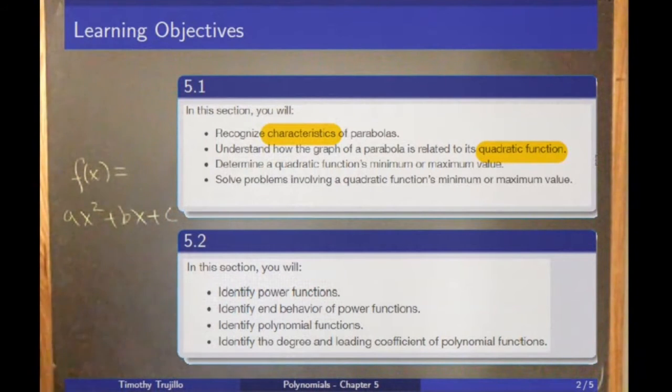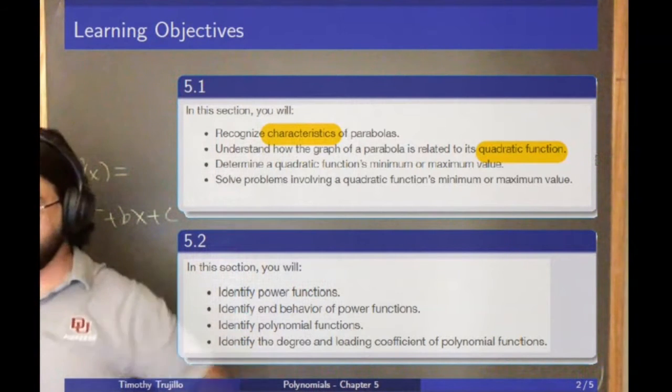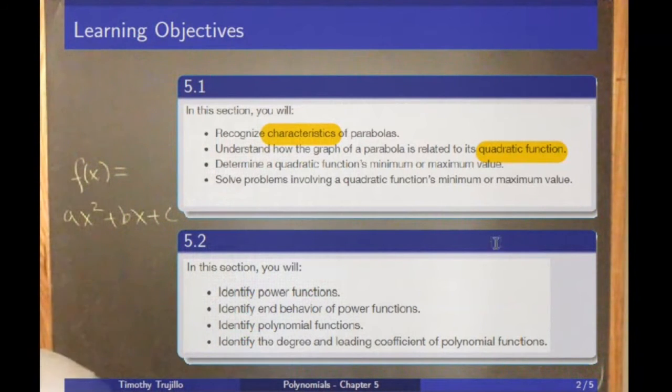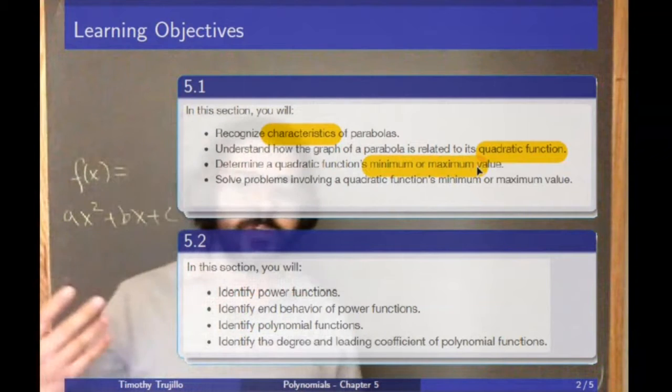Based on whether a is positive or negative, that'll tell you if the parabola is opening upward or opening downward. That will allow you to determine the long-term behavior of these parabolas, and also where the minimum or possibly maximum value occurs. And it always occurs at the vertex.